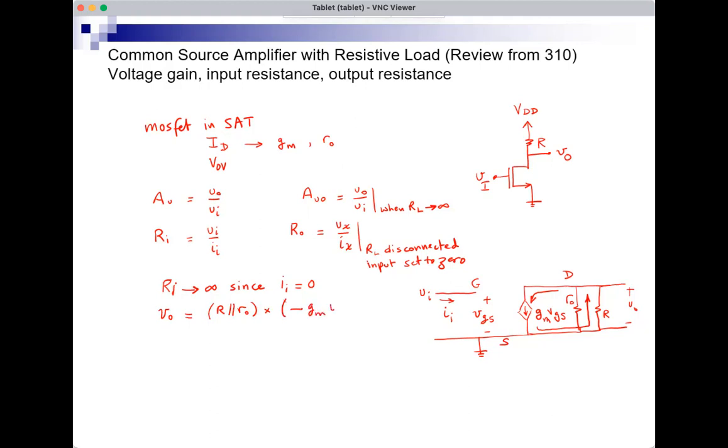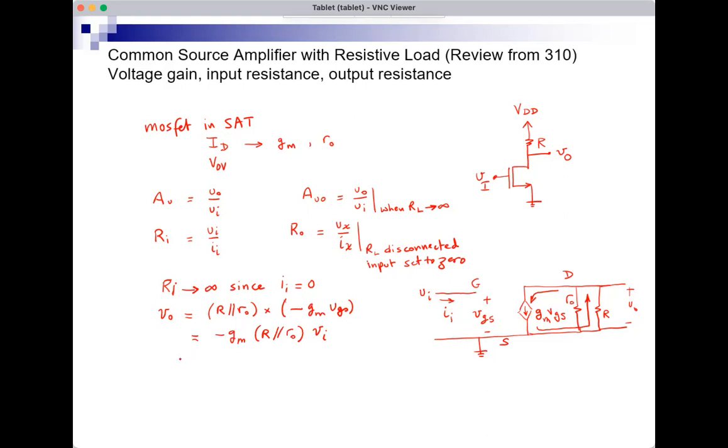So minus GM VGS. But VGS is exactly equal to VI because VGS is between G and S, and VI is also between G and ground, and S is ground. So I can rewrite this as minus GM R parallel RO times VI. So this is what happens at the output.